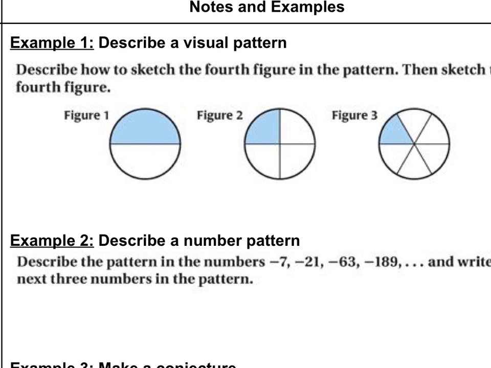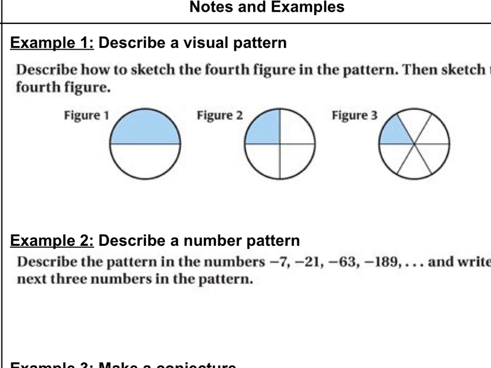We cut it in half again and shaded above the line, and now to the left of that center line. With the third circle, we went from 4 parts to 6 parts, and we colored above the line and to the left of that line.